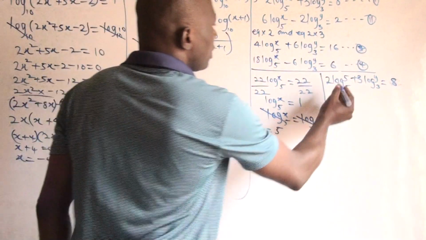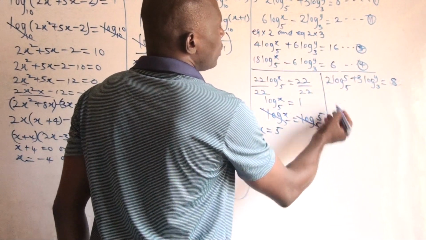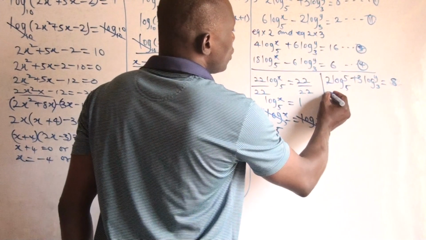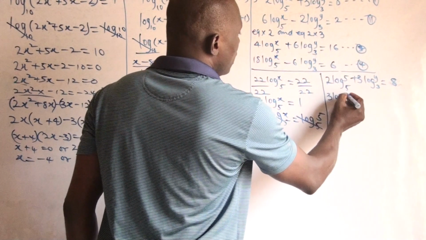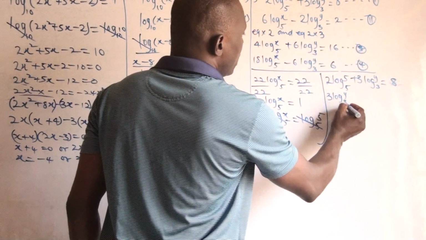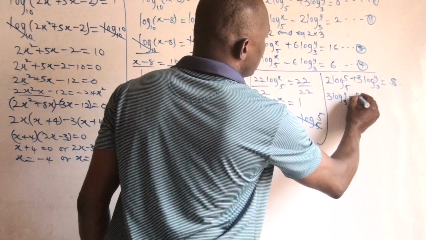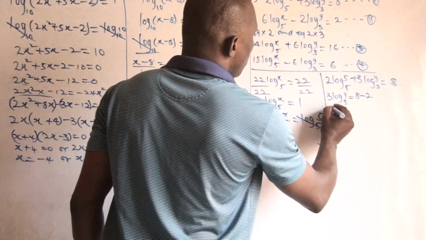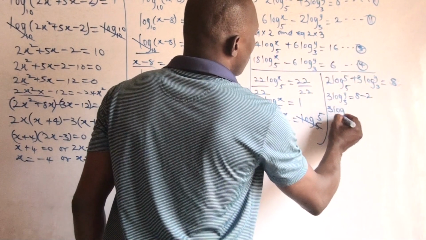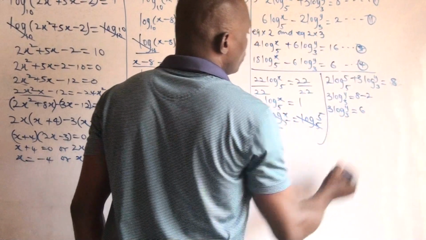Then what next? Log 5 base 5 is exactly 1. 2 times 1 is 2. So here this becomes 2 plus 3 log y base 3. This 2, as it crosses to this side, becomes negative. This is 8 minus 2, and this becomes 3 log y base 3 is equal to 6.